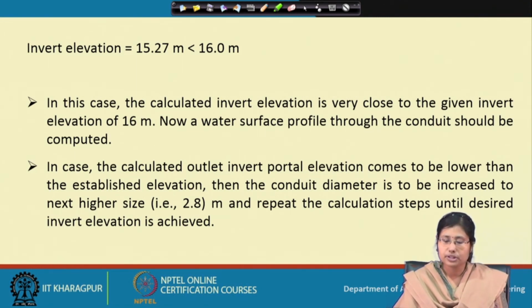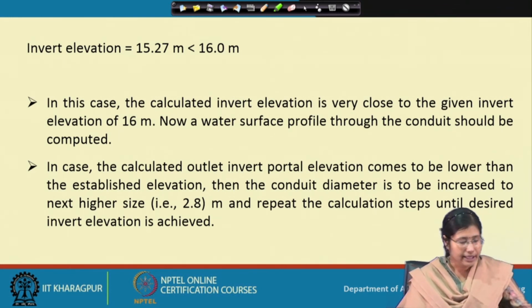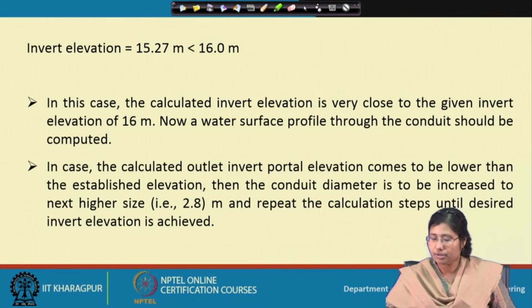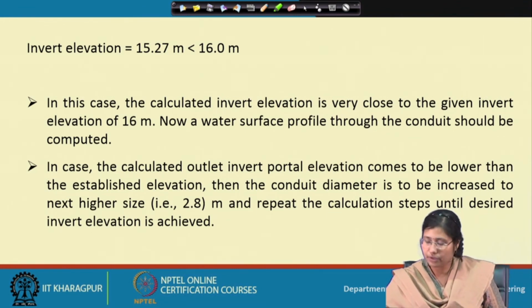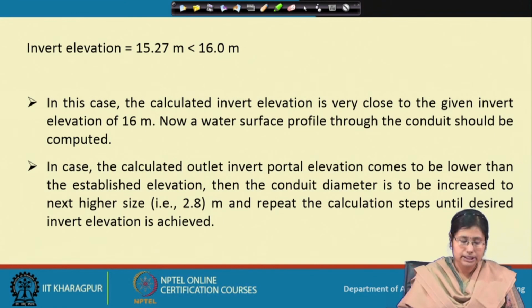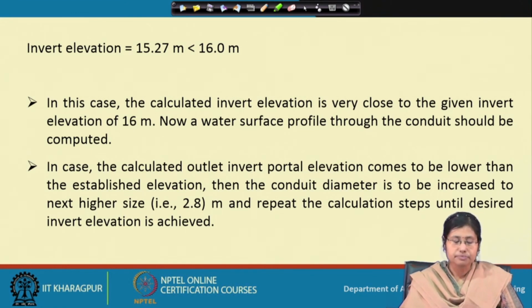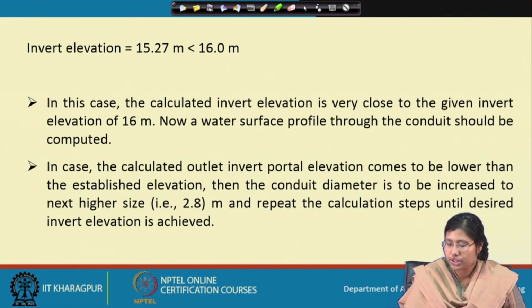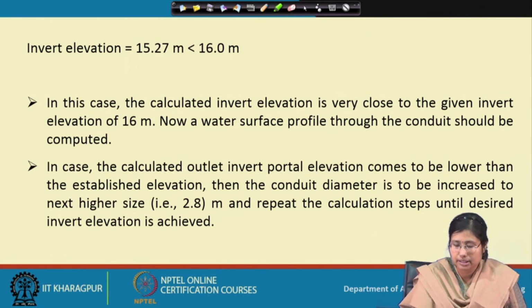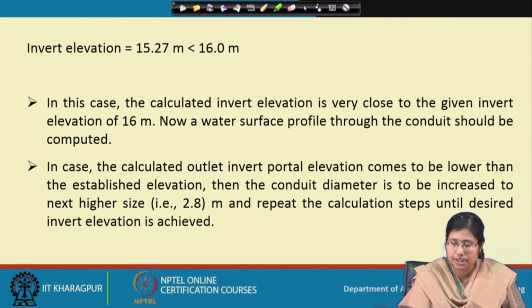Now, a water surface profile through the conduit should be computed. In case the calculated outlet invert elevation comes lower than the established elevation, that is given in the problem. Suppose our calculated invert elevation in the problem is 15.27 meter, which is around 16 meter.